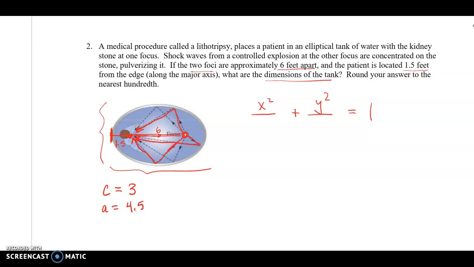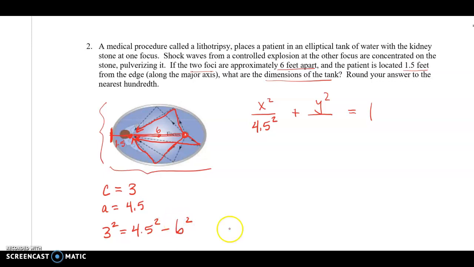Now, we don't have to always simplify things. If I know my horizontal a value is 4.5, I'm just going to write 4.5 squared. I don't need to figure out what that is exactly. And so now our typical, let's find b: 3 squared equals 4.5 squared minus b squared.